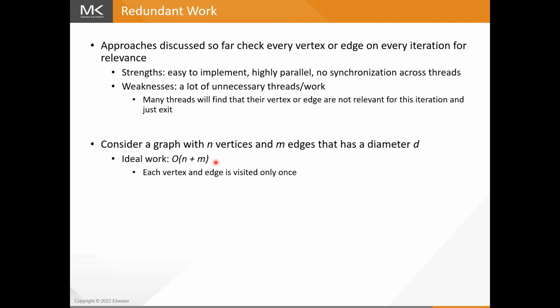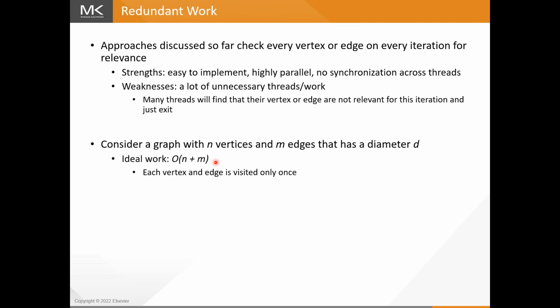Now let's think of the vertex-centric push approach. Let's say that the number of iterations we have, or the depth of our BFS tree, is D. If I do D iterations, how many vertex visits and how many edge visits do I do? Let's start with vertices. If I have D iterations, how many vertex visits do I do? D times n, right? Because I have D iterations, and in every iteration, I will check every vertex for its relevance.